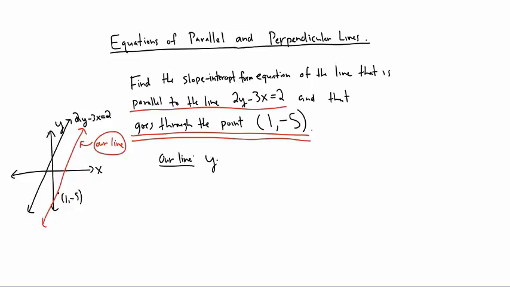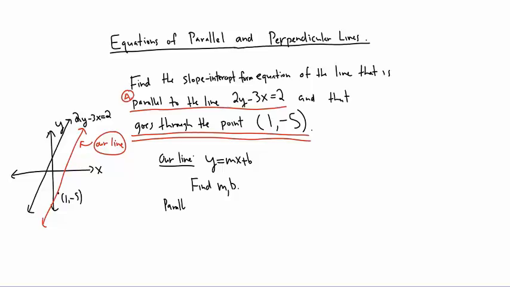And we want our equation in slope-intercept form. So here, let's get the slope-intercept form by directly finding the numerical values of m and b. For m, we use this fact, this property up here, that our line is parallel to the other line.